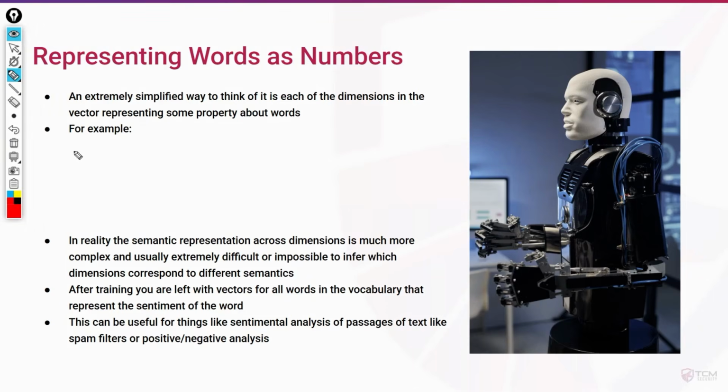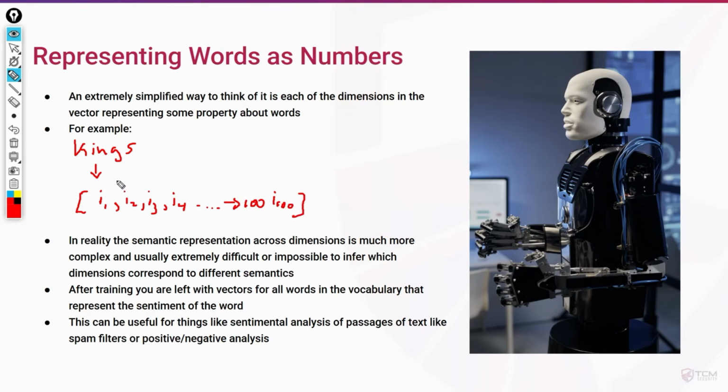Let's do a really quick example of that right now. Let's just say we have the word kings, plural. This is going to be represented by a vector. Inside of that vector, I'm going to label the entries I1, I2, I3, I4, and you can think maybe it might be 100 long, so our last one here would be I100.